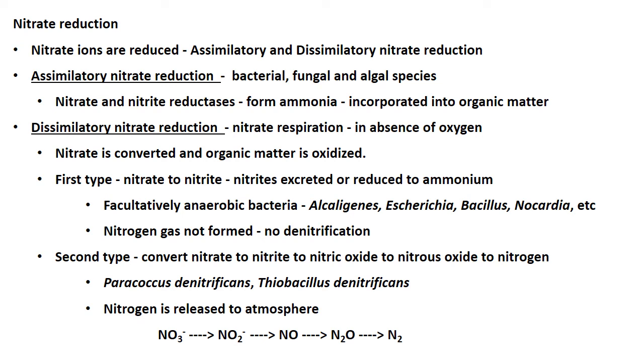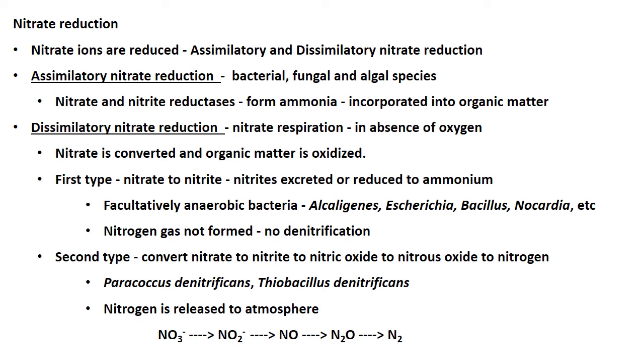In the first type, facultatively anaerobic bacteria such as Alcaligenes, Escherichia, Bacillus, Nocardia, etc. reduce nitrate to nitrite under anaerobic conditions. And these nitrites are generally excreted, or sometimes they may get further reduced to ammonium. Since there is no nitrogen gas here, no denitrification occurs.